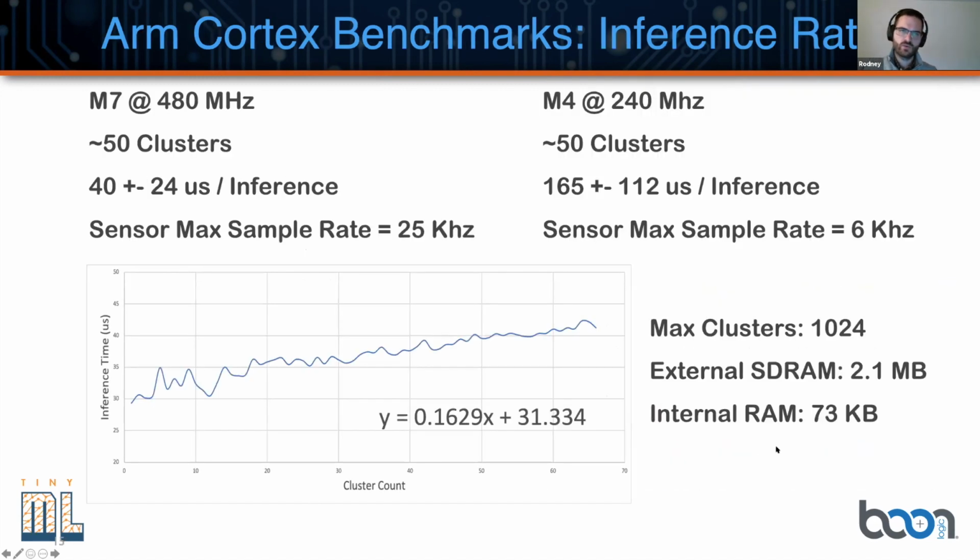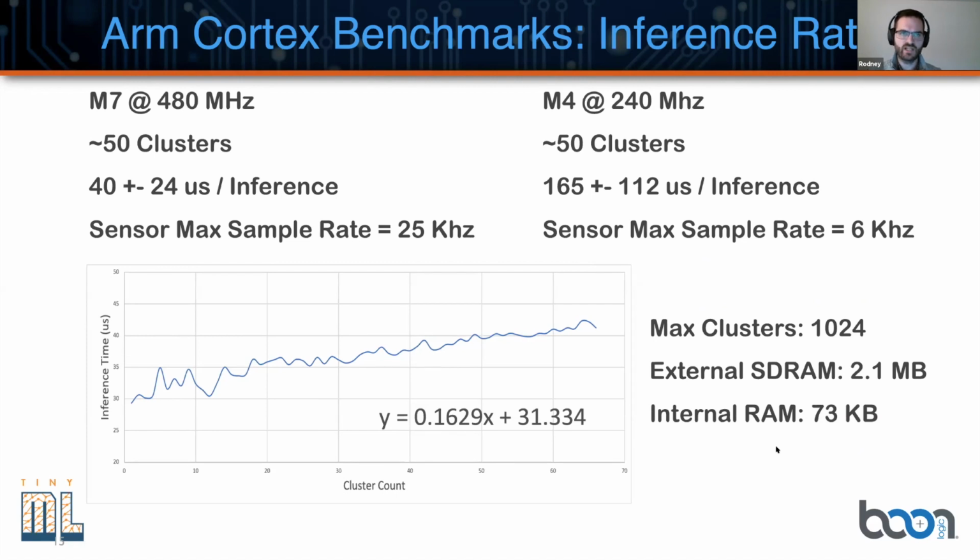Yeah, so just quickly, we'll go through some of the performance benchmarks for the AMBER platform. Using our standard M7 platform with that 480 megahertz clock, we can achieve inference times around 40 microseconds. Given the fundamental way that the Boon Nano works, being an unsupervised learning technology, when I say inference, this step is really the inferencing and training steps all in one.